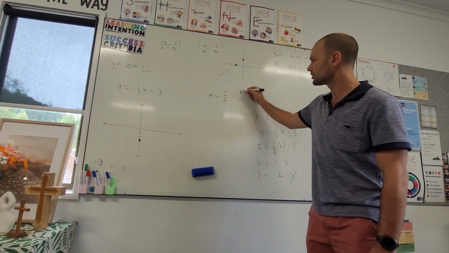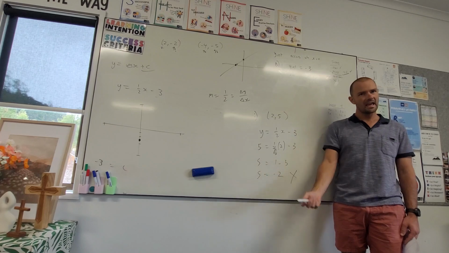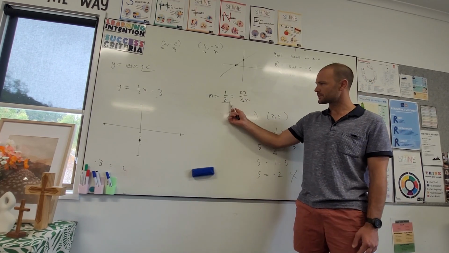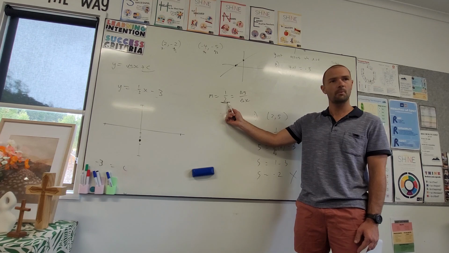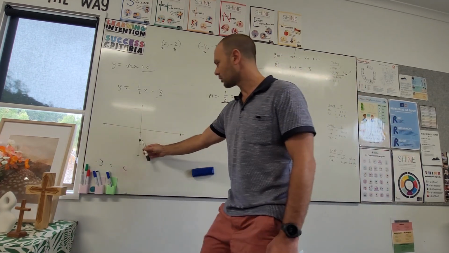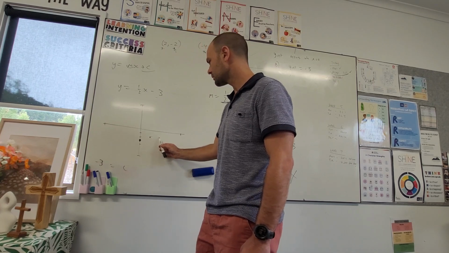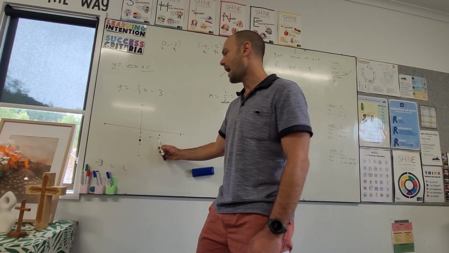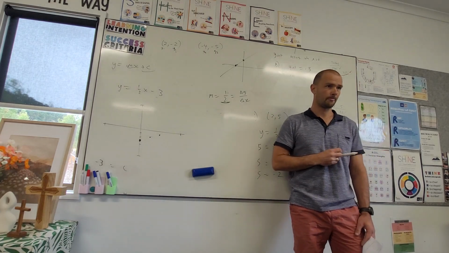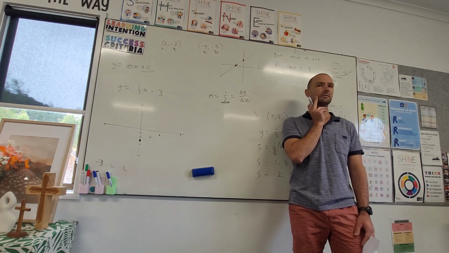Remember, slope is change in y divided by change in x. All right, so we're going across 2. X is changing by 2. Y is changing by 1. We're going across 2 spaces, up 1. Across 2 spaces, up 1. And then we draw a line through those points. Okay, so that's graphing the equation of a line. That's in y-intercept form.